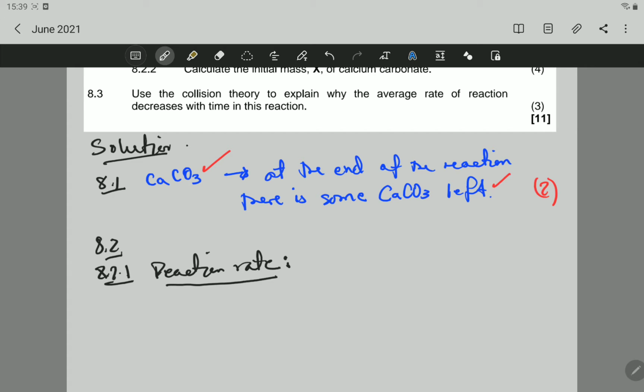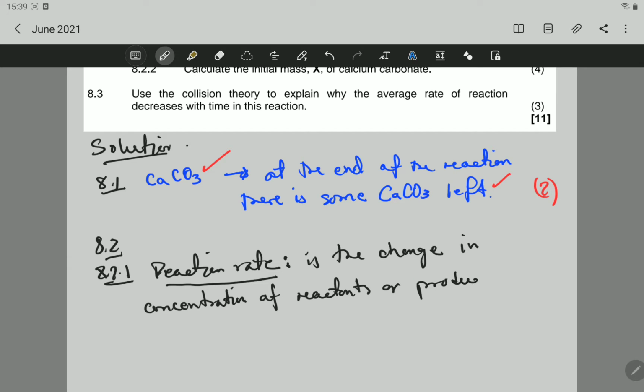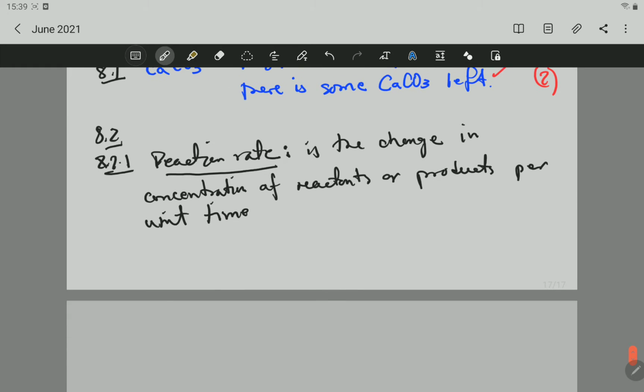Reaction rate is the change in concentration of reactant or product per unit time. That is the definition of rate of reaction.